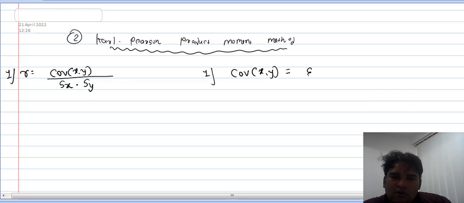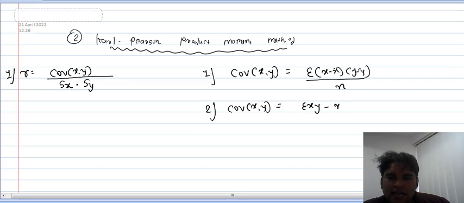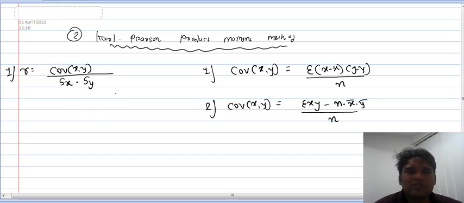So there is a formula for the same: COVXY is equal to sigma x minus x bar, y minus y bar upon n. Second formula: COVXY is equal to sigma xy minus n into x bar into y bar upon n. Right? So these are the two formulas available to find out the covariance XY.